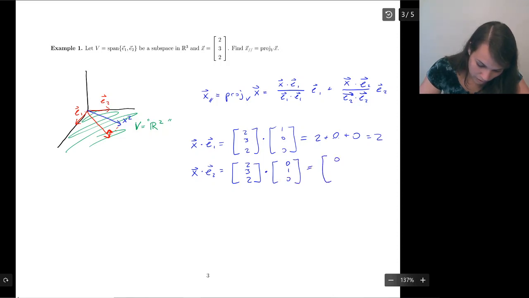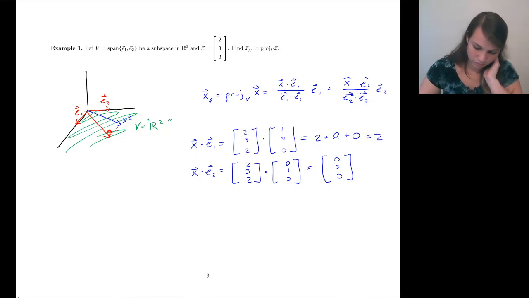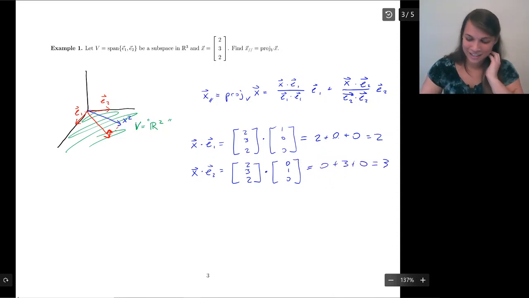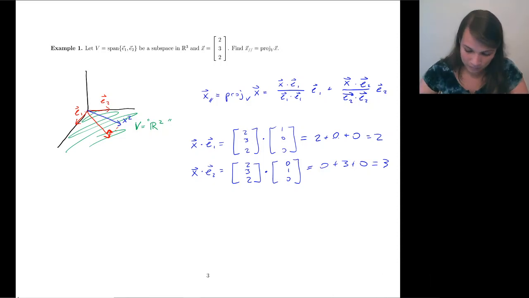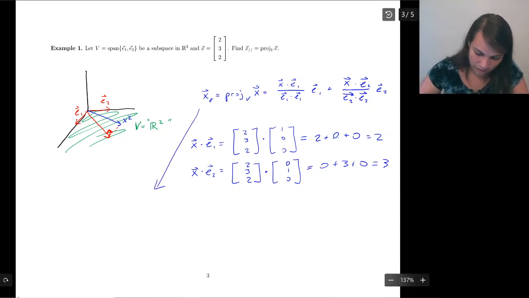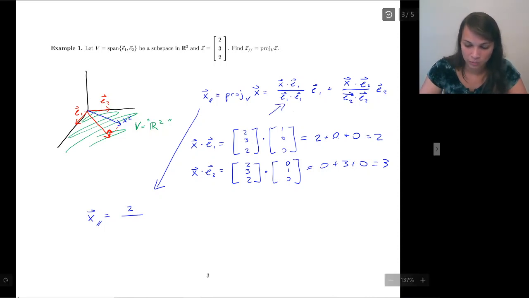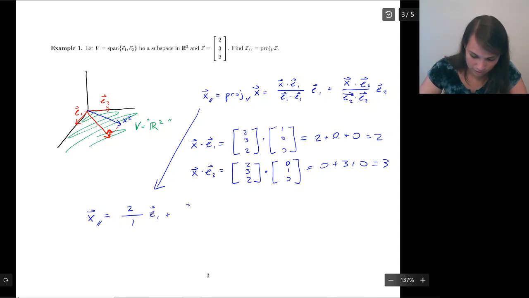And then x dot E2, I'll go ahead and write that out as well. So that's going to be (0, 3, 0). 0 plus 3 plus 0. There we go. Okay, so let's plug that into our equation. So x parallel is going to be equal to 2 over, and then hopefully it's easy to see that E1 dot E1 is just going to be 1, times E1, plus 3 over 1 times E2.